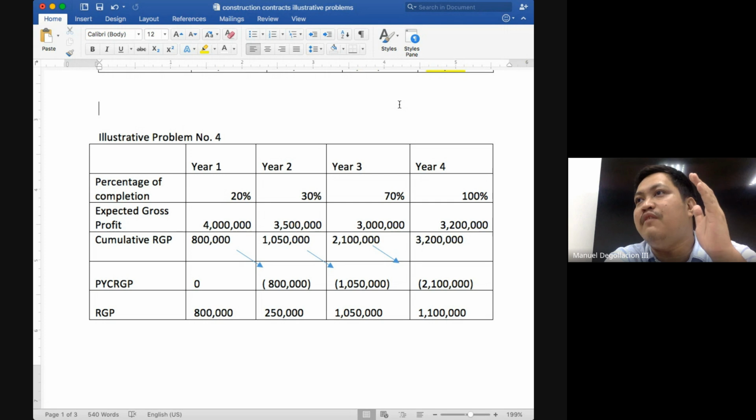Problems will not always give you information that will let you solve for year 1 and year 2. So you have to have the presence of mind, class, to know how to solve for year 3 if you are solving for year 4 without going through year 1 and year 2. Okay? You can practice that as we answer more problems later on.